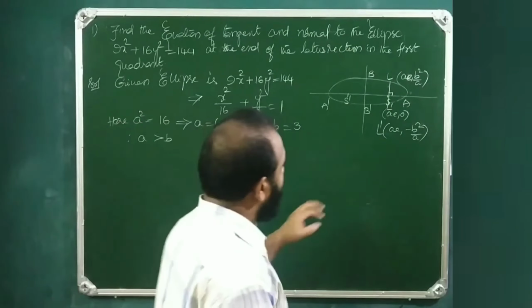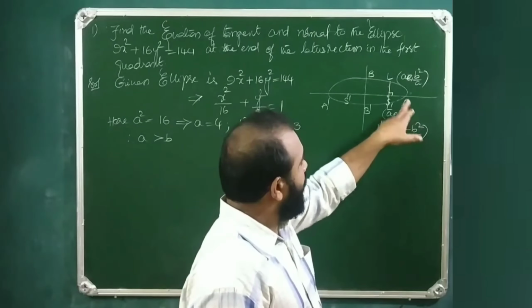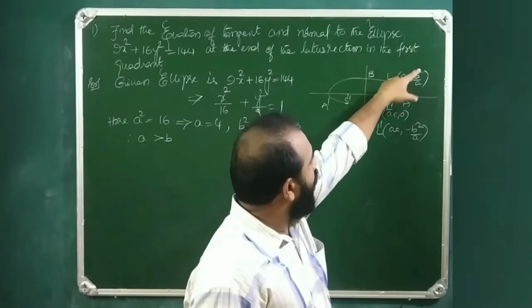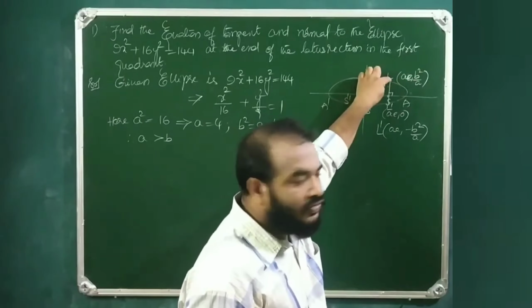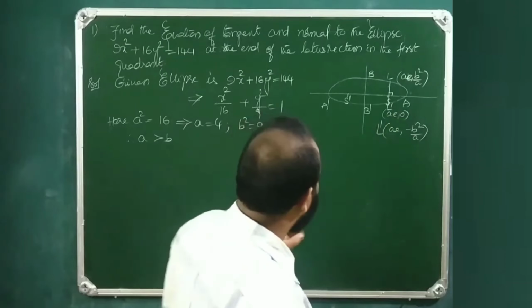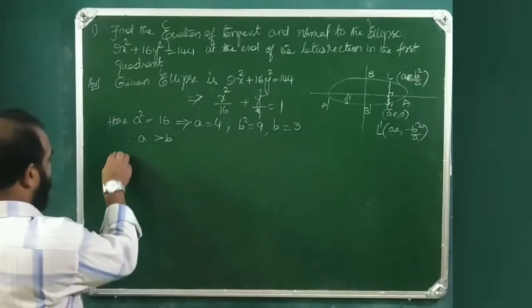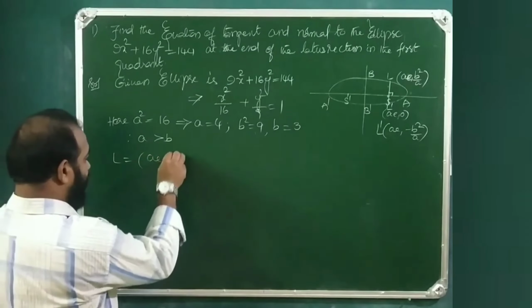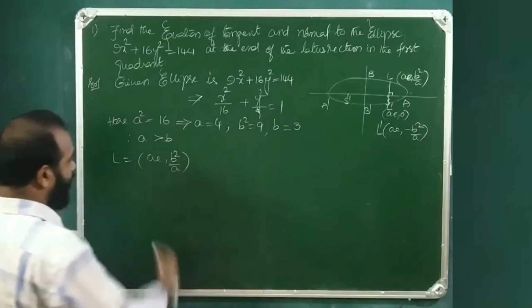Now the positive end of the latus rectum, that is the first quadrant, is this, so we need not take the other into consideration. So L is ae comma b square by a.